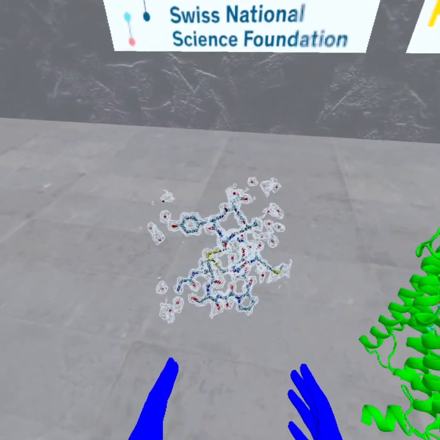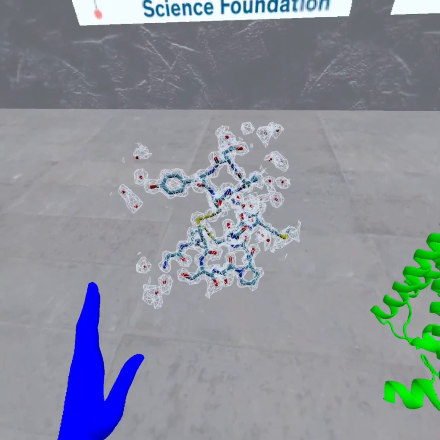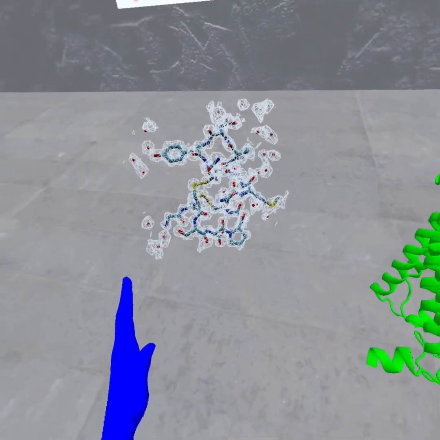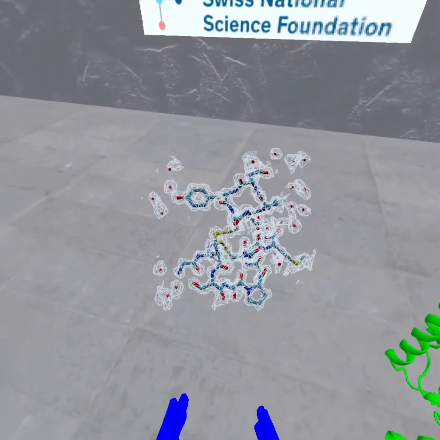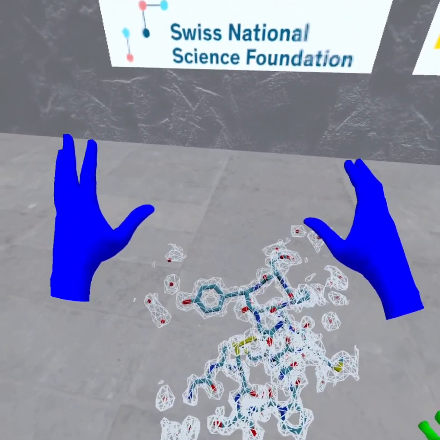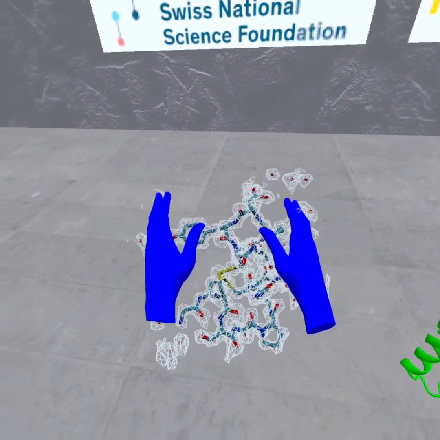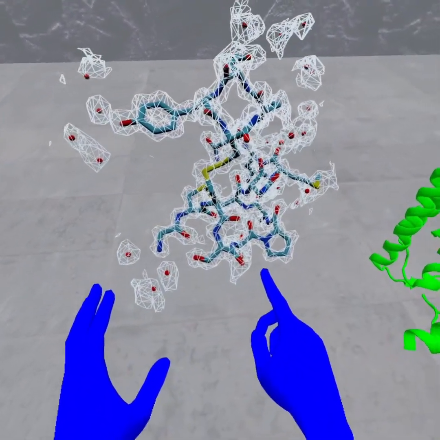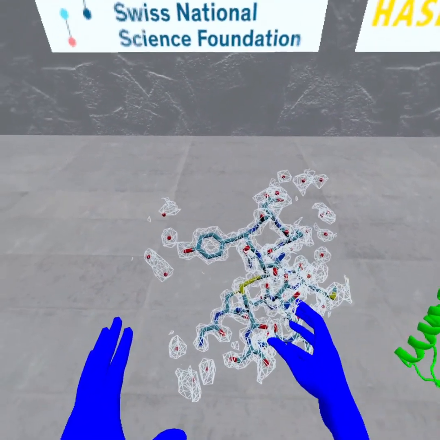So what you have here is a piece of a protein that has been crystallized, okay, and through which researchers shoot X-rays that then diffract. What the scientists collect is actually the diffraction pattern. And from the diffraction pattern, they reconstruct this white thing, which is the density of electrons, okay?